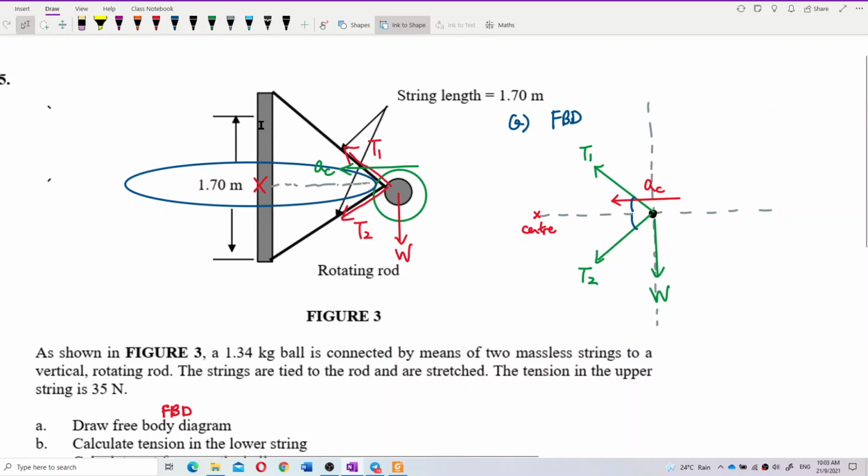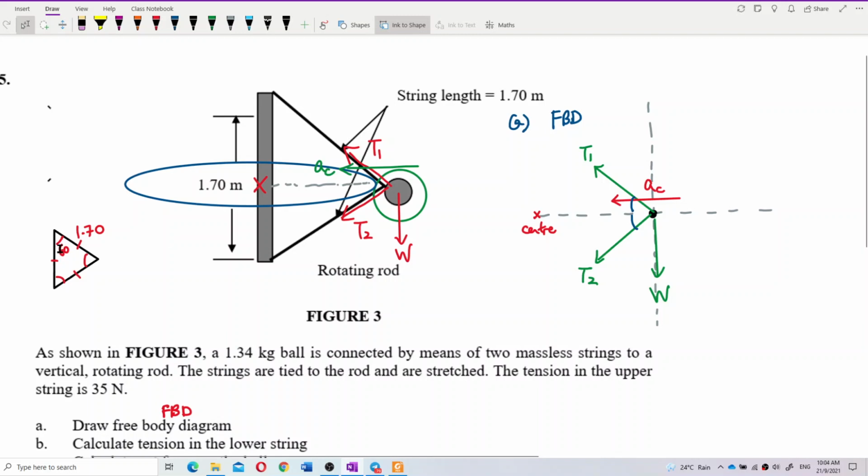If you look at here, this triangle has all the same sides, of 1.7 meter. All the same side. So we can say all of these are 60 degrees, isn't it?